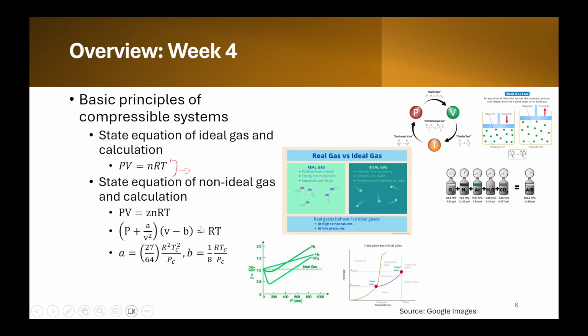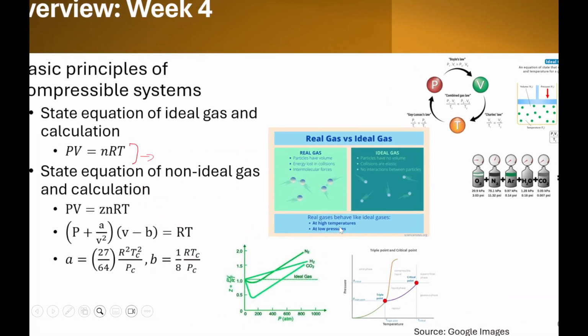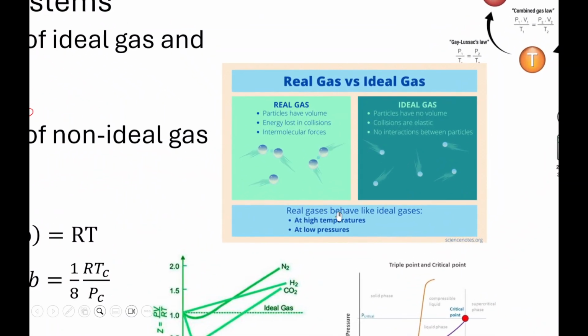So not all gases in nature behave as ideal gases. These are termed as real gases. Real gases have a limitation that they may behave like ideal gases at high temperature and at low pressure. At low pressure, there are minimal interactions between the particles because they may be far apart.